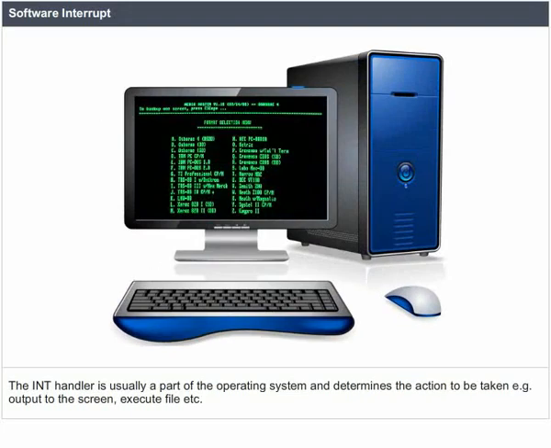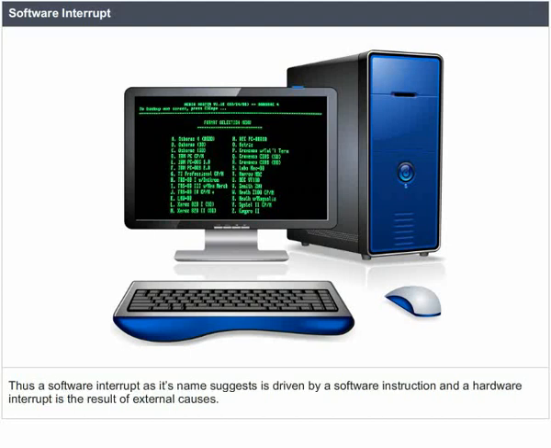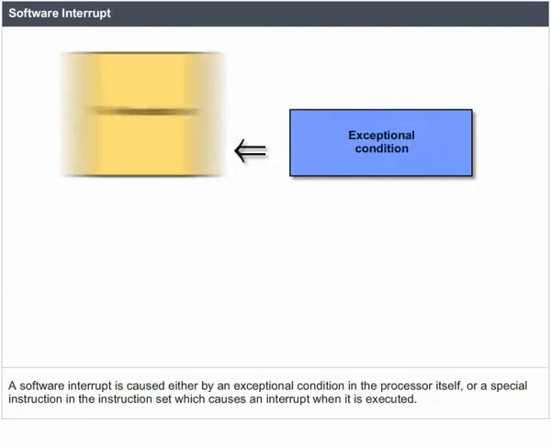The INT handler is usually a part of the operating system and determines the action to be taken, for example, output to the screen, execute file, etc. Thus, a software interrupt, as its name suggests, is driven by a software instruction, and a hardware interrupt is the result of external causes.